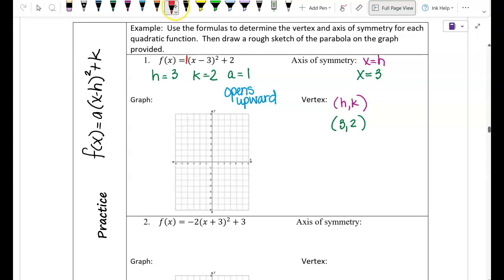So I can start off with my axis of symmetry, x equals 3. Graph my vertex at 3, 2. And then I know it opens upward, so I'm just going to do a rough sketch. You notice I'm not worrying about any points right now, because it specifically said, just give me a rough sketch.